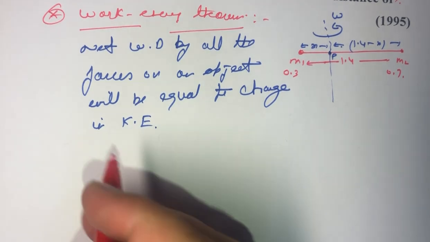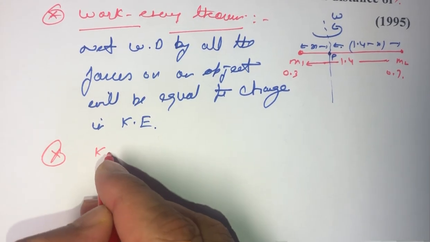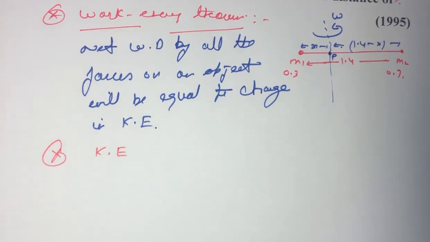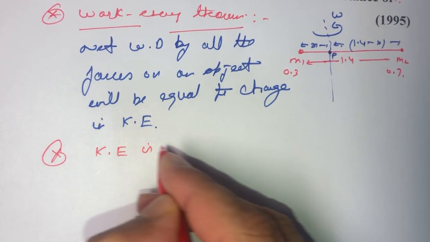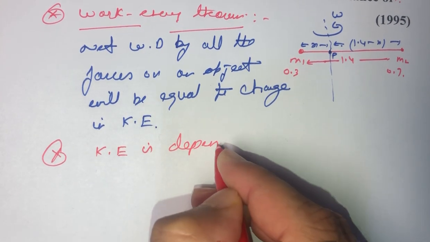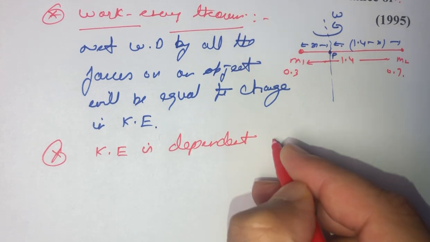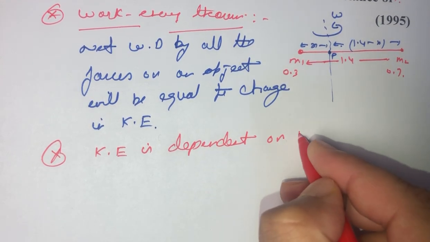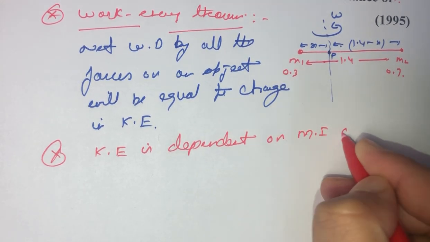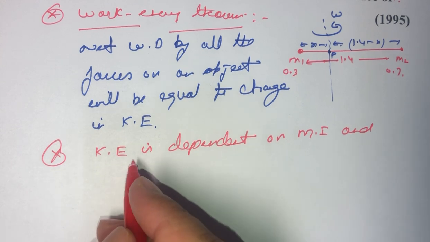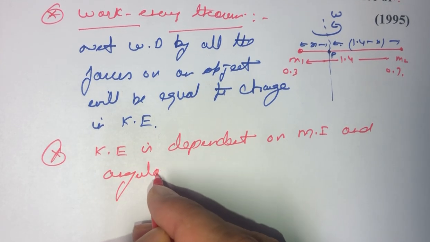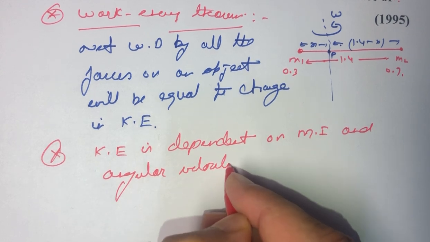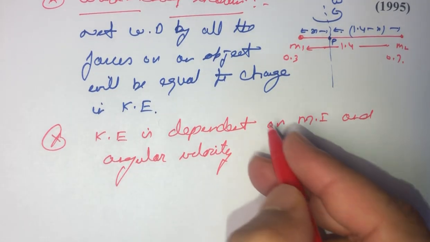Now the kinetic energy is dependent upon the moment of inertia as well as the angular velocity of the rod.